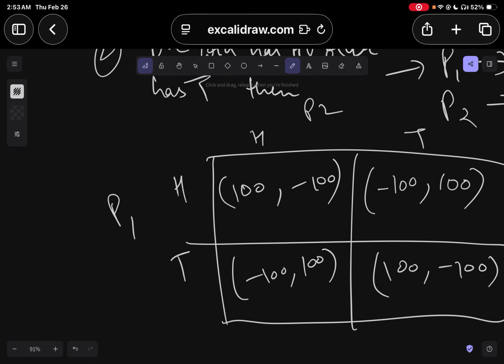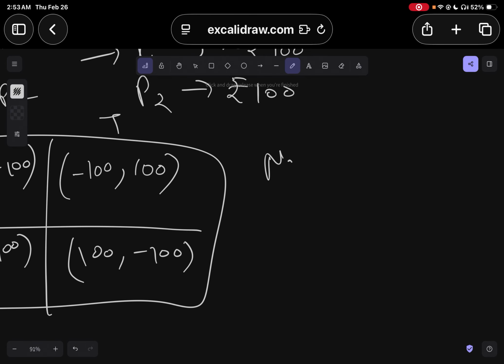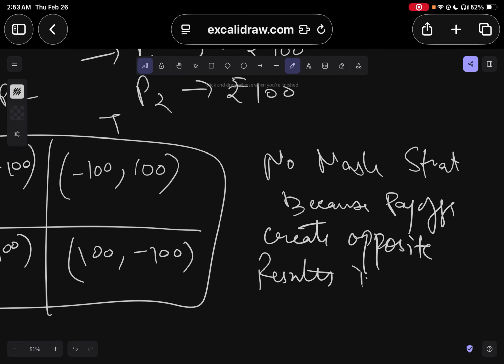This is because the payoffs create opposite results in adjacent cells.